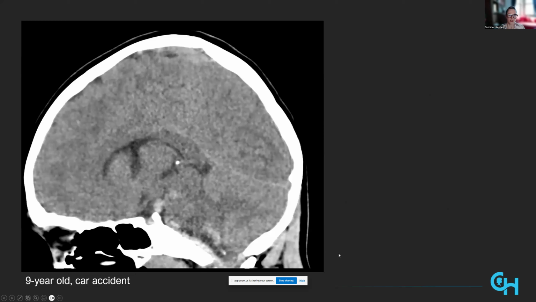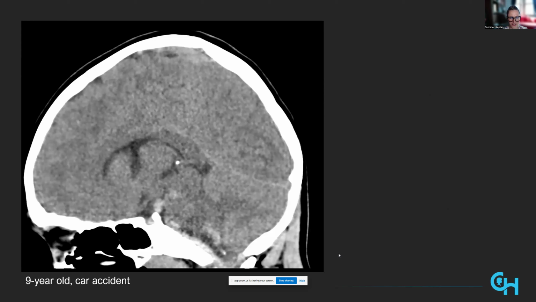This 9-year-old was in a car accident. I would say maybe 75% of our trauma cases are motor vehicle related. So I'm assuming no one wants to take this case.